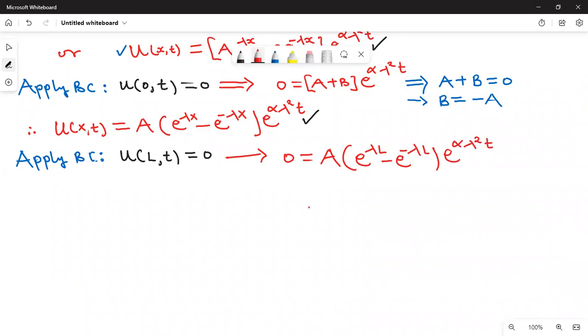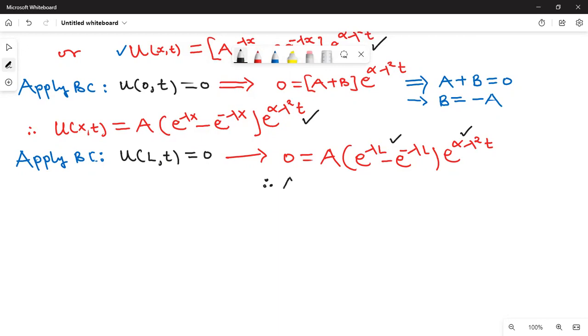Now, of course, you know, this cannot be 0. Also, this cannot be 0. Exponential lambda L minus exponential negative lambda L can never be equal to 0, because L is not equal to 0, lambda is also not equal to 0. So therefore, it means it's only A that can be 0.